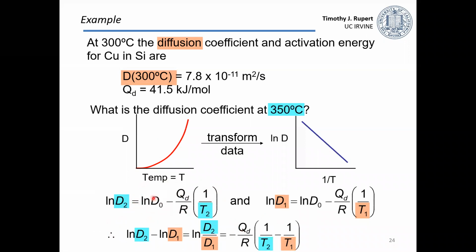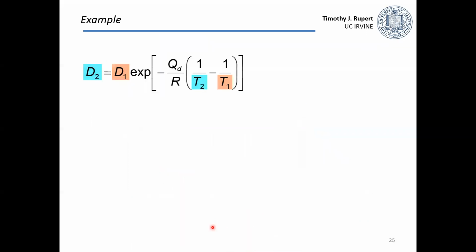Specifically, I'm getting rid of the D naught, and I'm starting to reorganize this. So I have D2 and D1, T2 and T1. As you can see from this figure, I know what D1 is, I know what T1 is, and I'm asking you what the diffusivity is at T2. I've given you that too. So you just end up solving for D2.